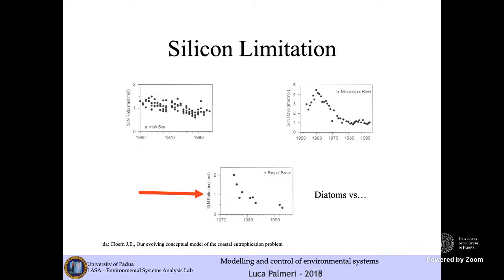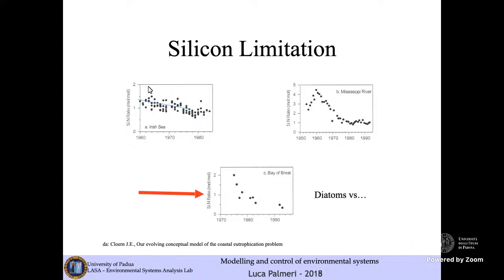If you make a very trivial or gross description of this effect, let me see if I'm able to draw a line. Okay. In this case, you may say that we have a decreasing tendency of the ratio silicon over nitrogen.